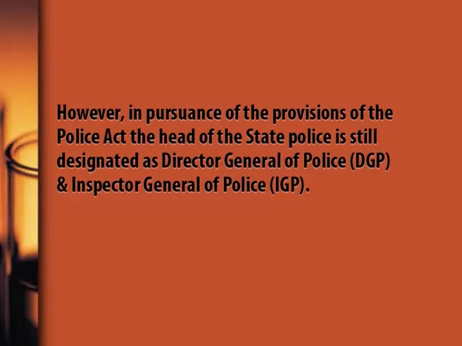In state establishments, an officer of the rank of DGP is posted as the head of the state police. However, in pursuance of the provisions of the Police Act, the head of the state police is still designated as Director General of Police or DGP and Inspector General of Police or IGP.